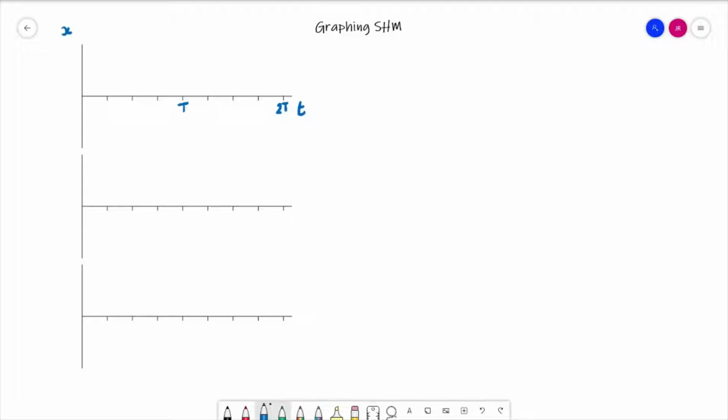Obviously on the next graph down, we'll have velocity against time, again for 2 complete oscillations, and then thirdly we'll have acceleration against time, yet again for 2 complete oscillations. So hopefully you can see where I'm going with these graphs already. I want to get 3 graphs, one above the other, so that we can compare what's going on between the 3 graphs that we're about to draw.